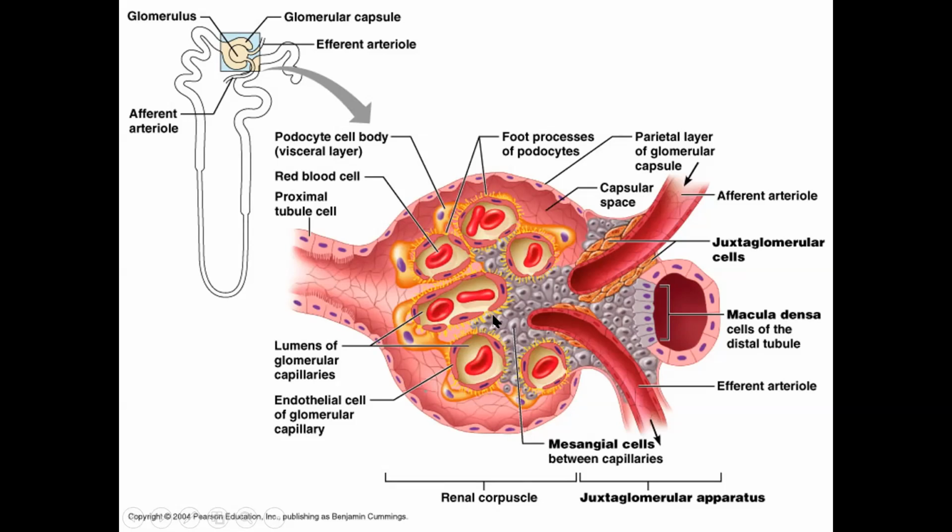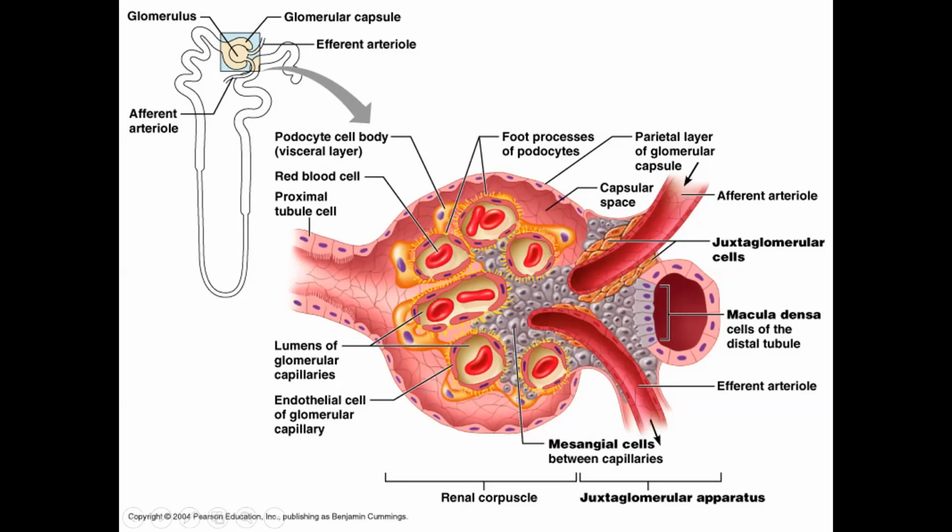These cells in this local area form a functional structure. It's called the juxtaglomerular apparatus. This is the local regulation to regulate the glomerular filtration rate.